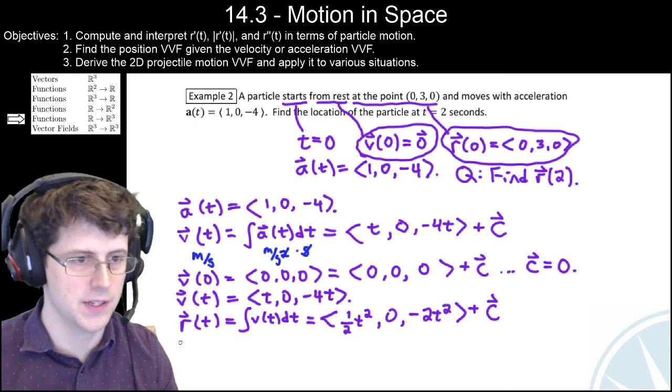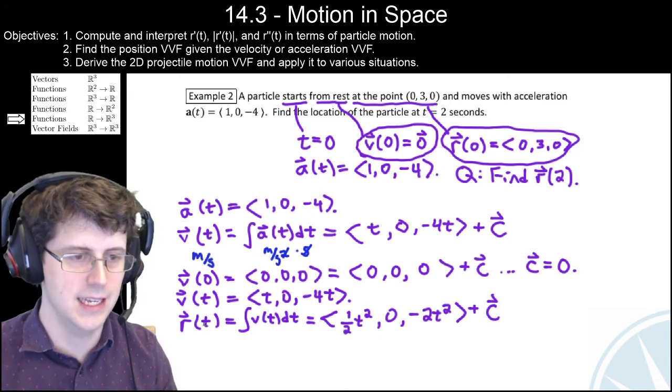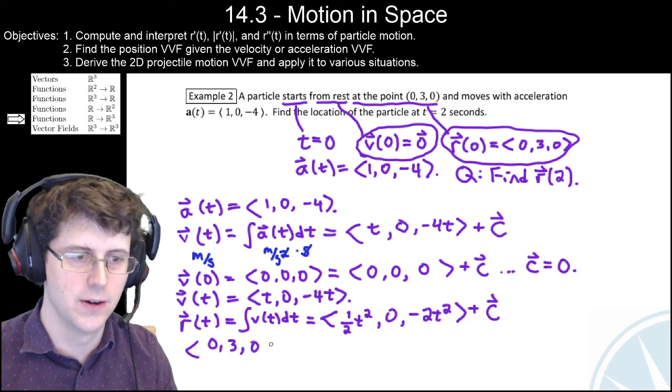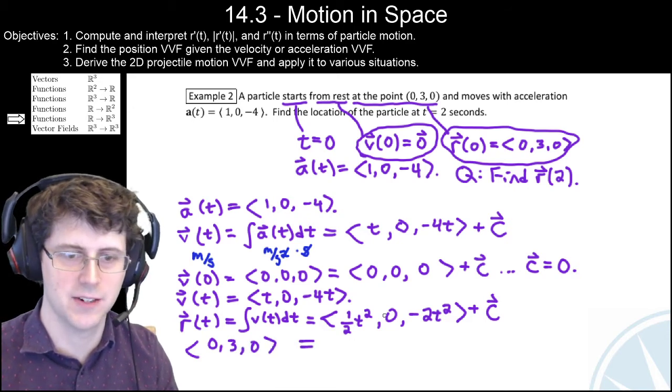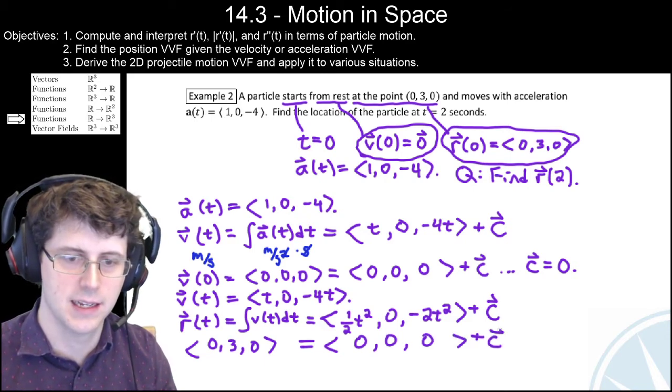So, how will this work? Well, I know when I plug in 0 for t, I'm supposed to get 0, 3, 0. But when I plug in 0 for t over here, I get 0, 0, 0 plus c. So what does that mean?